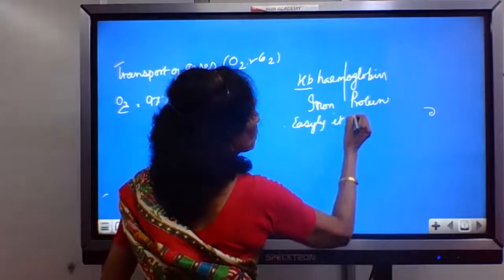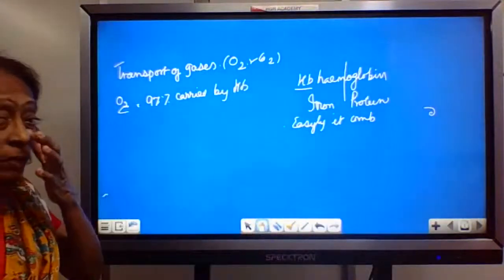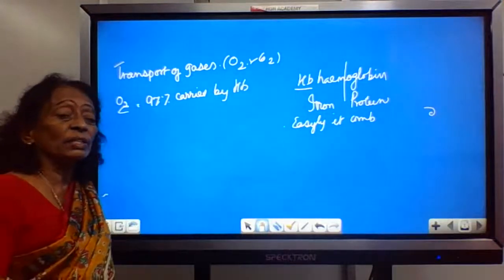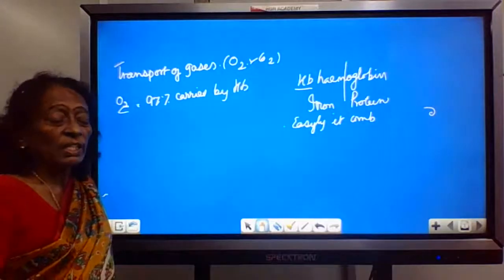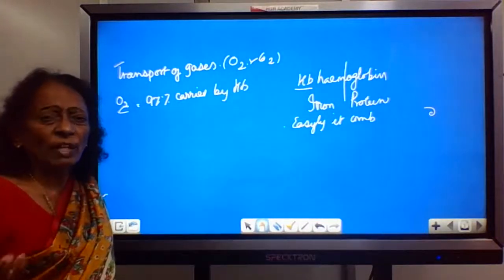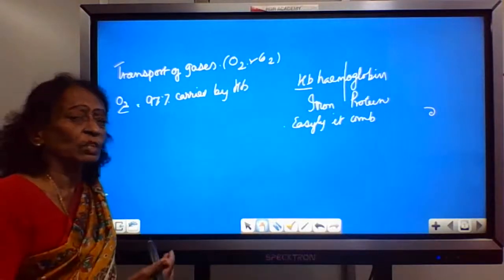It's not like a combination reaction, not oxidation. If it is oxidized or reduced, the changes are permanent. Combination is temporary. Anytime it can join and it can split back. Like H2CO3 splitting into bicarbonate ion and water, and they can combine back again, it's a reversible reaction.